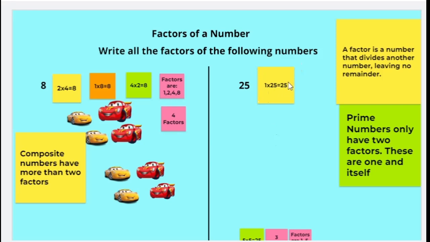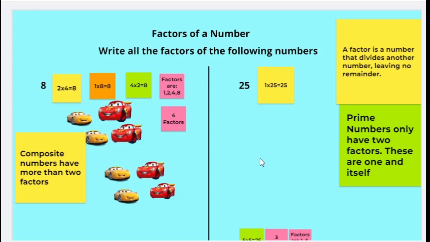That means we can get one set of 25 out of 25. Or we can get 25 sets of ones out of 25. And we can also say that 25 divided by 1 will give us what? 25. And it leaves no remainder. So 1 times 25 gives us 25.